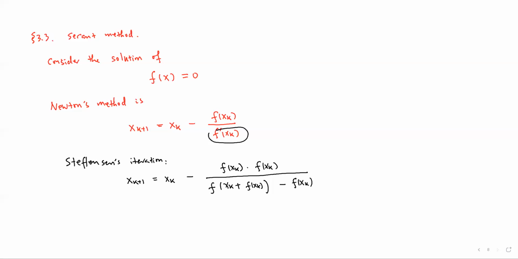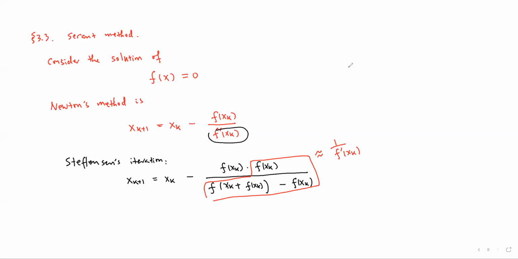So this part is roughly 1 over the derivative of f at x_k. Steffensen replaced the derivative by this part, but I don't know why he replaced 1 over the derivative by this part. What is the rationale behind it? Maybe complicated.